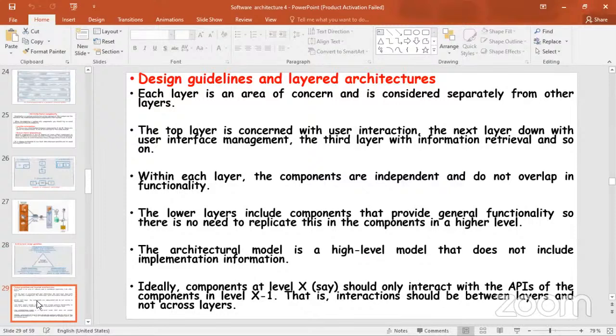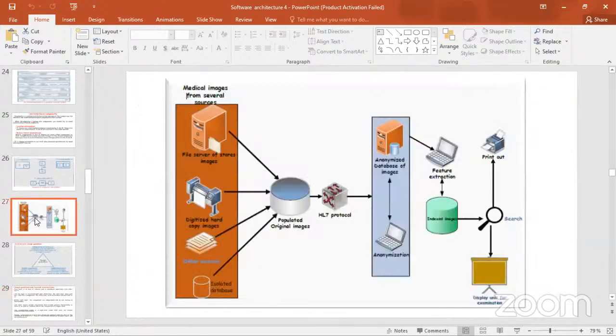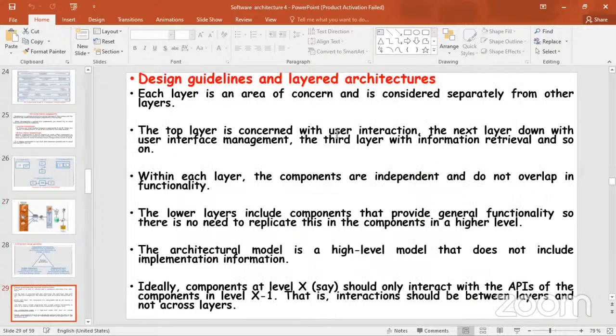Each layer in an area of concern is considered separately from other layers. Look at this. This is a layer of concern. The one in sky blue and brown is a layer of concern, right? So each layer is an area of concern considered separately from others.